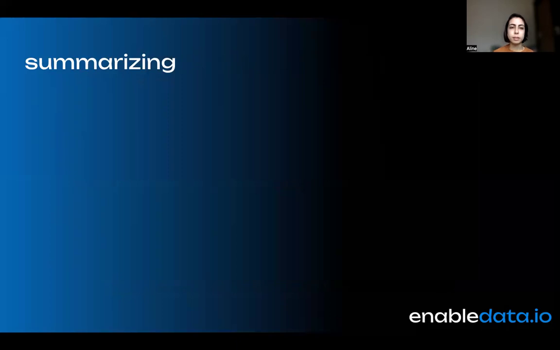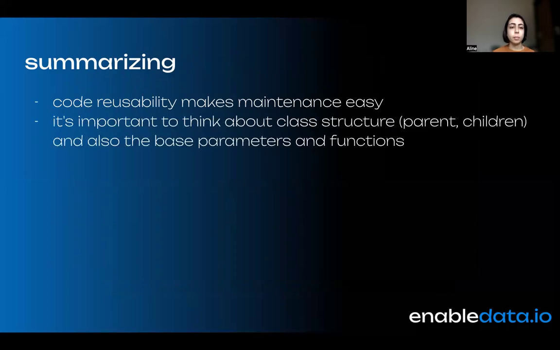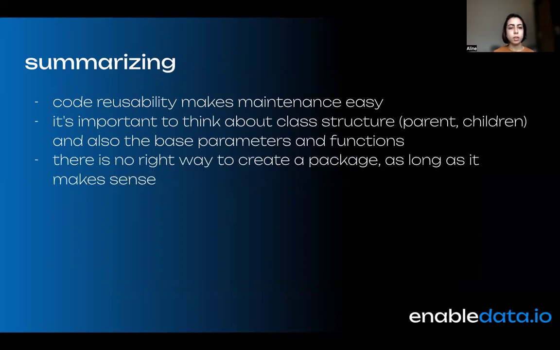So that's basically it. Summarizing, code reusability makes maintenance a lot easier. It's important to think about the class structure, the parent, the child, and the base parameters and functions. There is no right way to create a package as long as it makes sense. And the goal is to have low maintenance complexity.